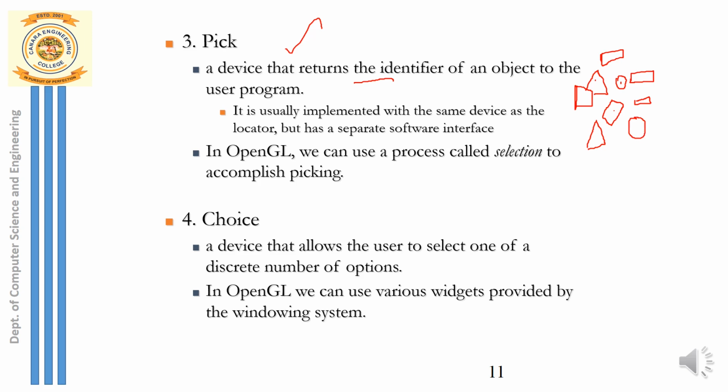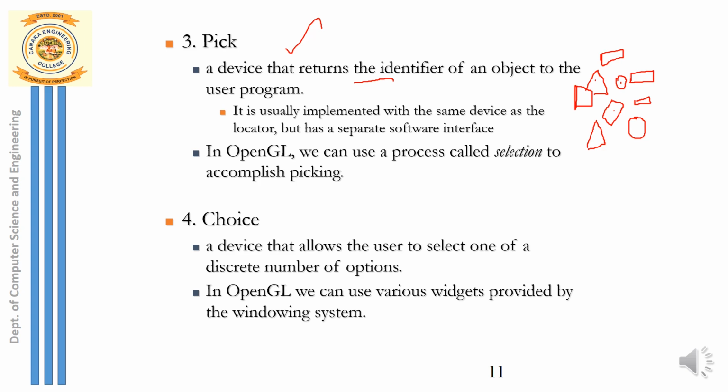So what is basically happening there? When I use a mouse to click on a particular object, the position is written here, but that is not important for me. I don't want the position here, but what I want is which object has been clicked. That is important for me. So picking is when the identifier of the object is returned to the program.